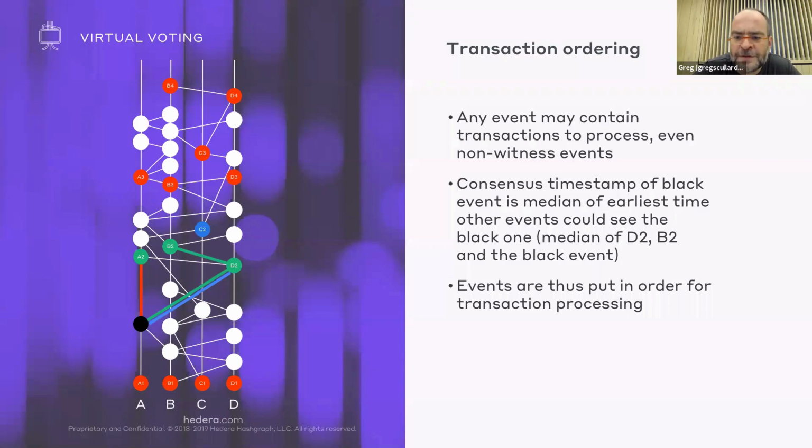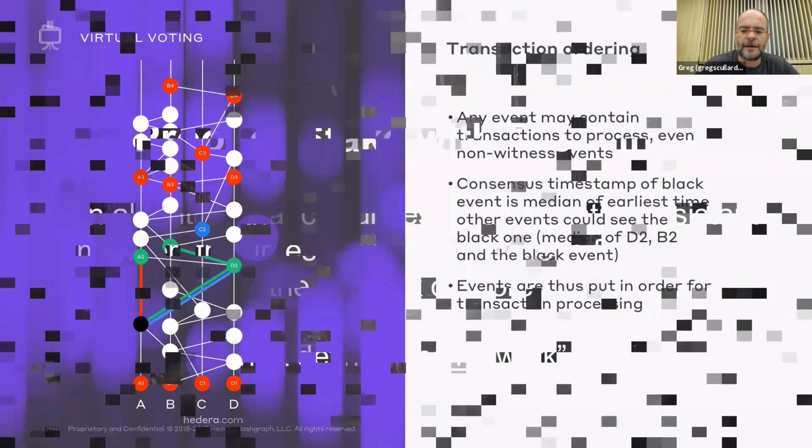It will get consistently ignored and therefore has no effect on consensus or transaction ordering. Okay, so through this we've been able to agree on who gets to contribute to the calculation, and we've done so in an ABFT manner.